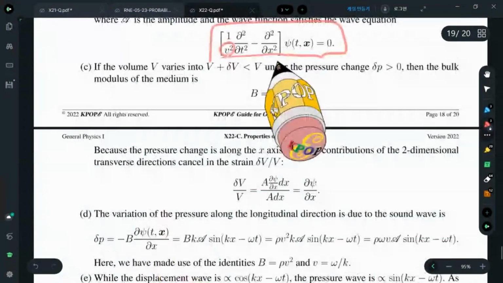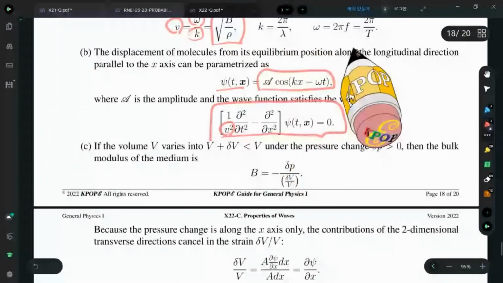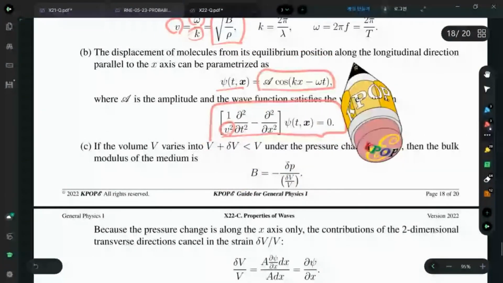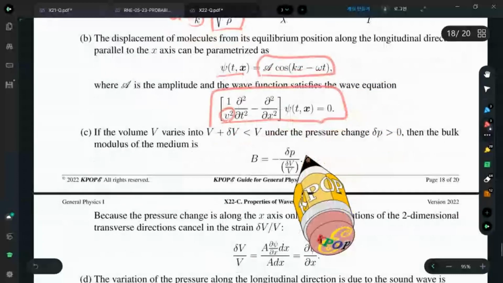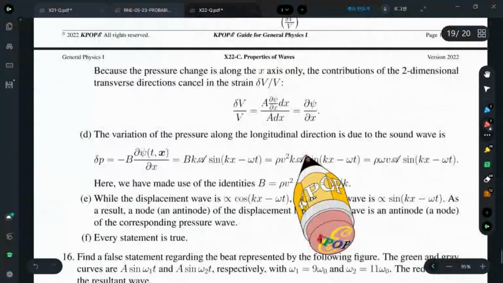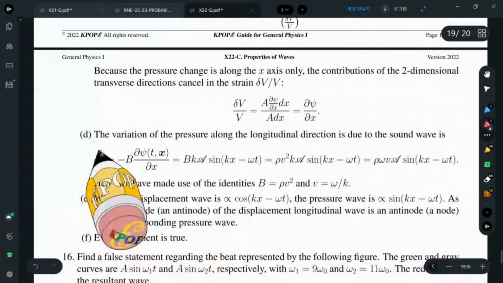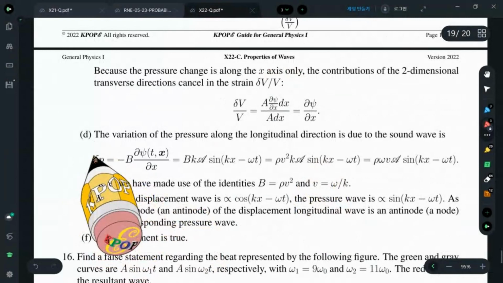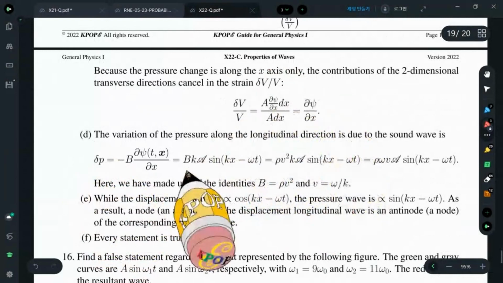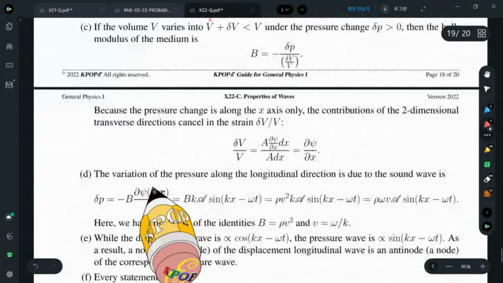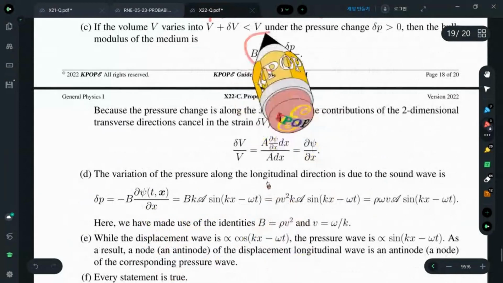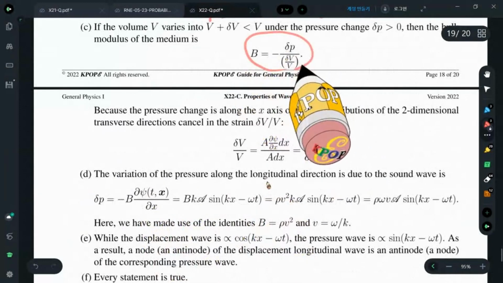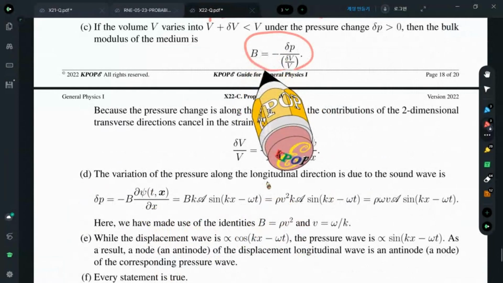So substituting the solution for the fluctuation of air molecules along the longitudinal direction, we can compute the change in pressure from this formula. Okay, change in pressure, because stress over strain is the definition of the bulk modulus.